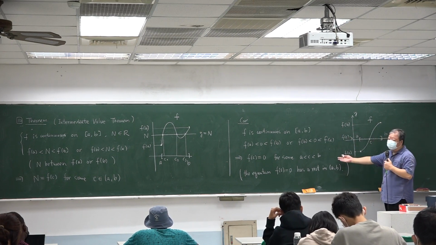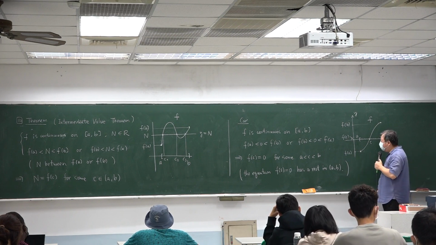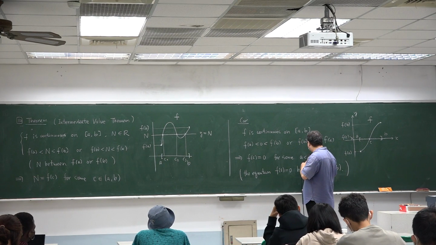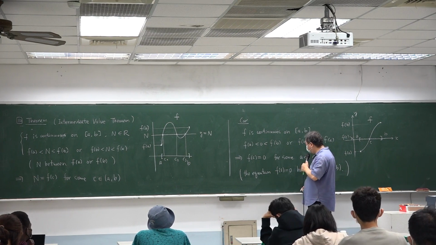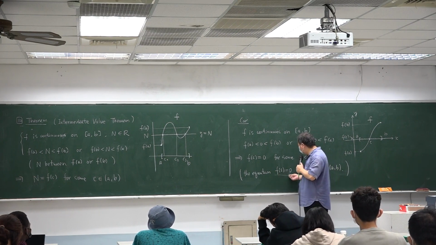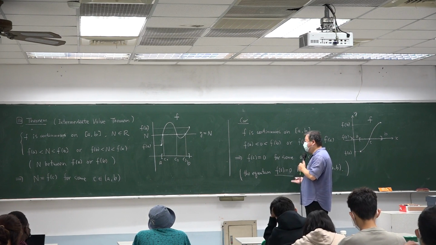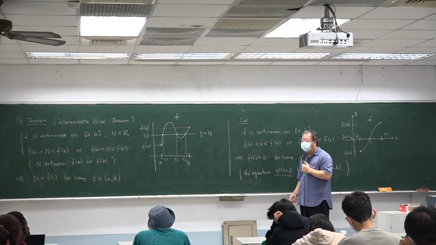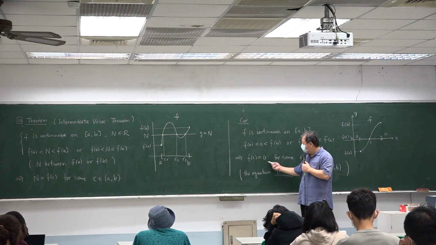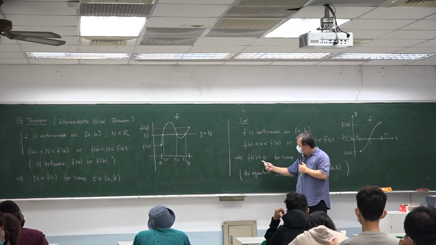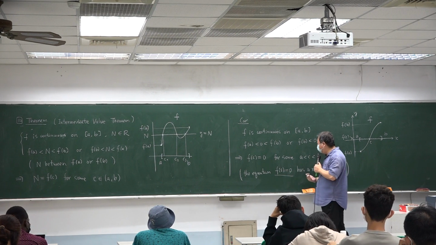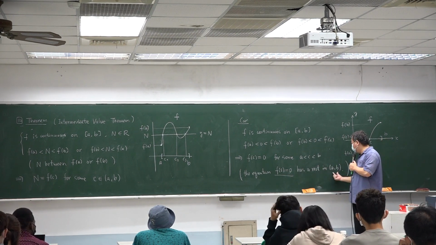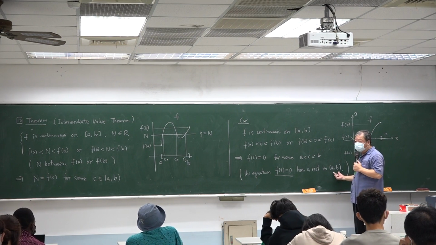This is exactly this statement. And f of c equals 0 for some number c between a and b means this equation has a solution, x equals C is a solution of this equation. It also tells us C is inside this closed interval, meaning C is in the open interval AB.